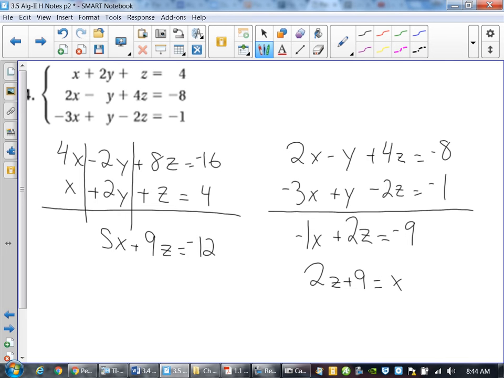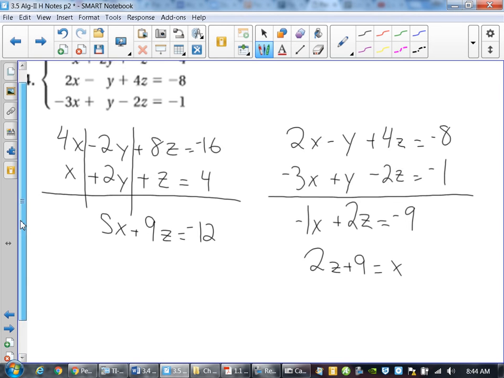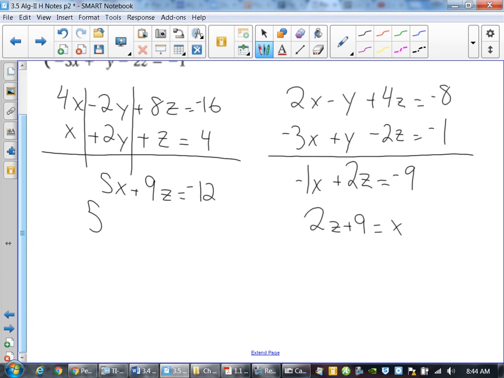Personally, I always thought that using a substitution, if it's possible, is always pretty simple because there's not much work involved. So now I can just say that in the other equation, 5 times 2z plus 9 plus 9z is negative 12.